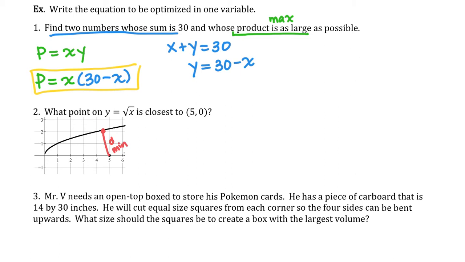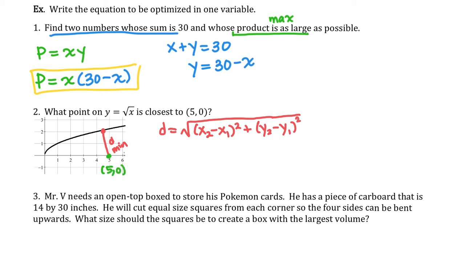Okay, first, how do I find the distance? Distance formula, if we remember that, let's just write that out for now and then think about it. Is when you subtract the x's and you square it, you subtract the y's and you square it or something like that. Okay, now let me look at the information I have and see what I can plug in. Well, I know that one of the points is 5, 0, and that's fixed.